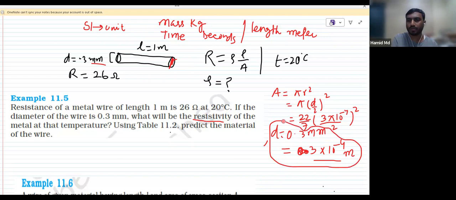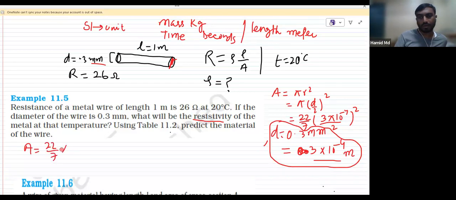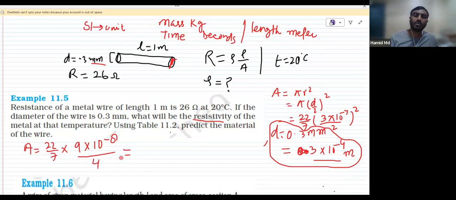I'm keeping it as it is. So we have to solve it. The area will be 22/7, and 3 square will be 9, and 10 to the power minus 4 squared will be minus 8, and this will be 4 again.